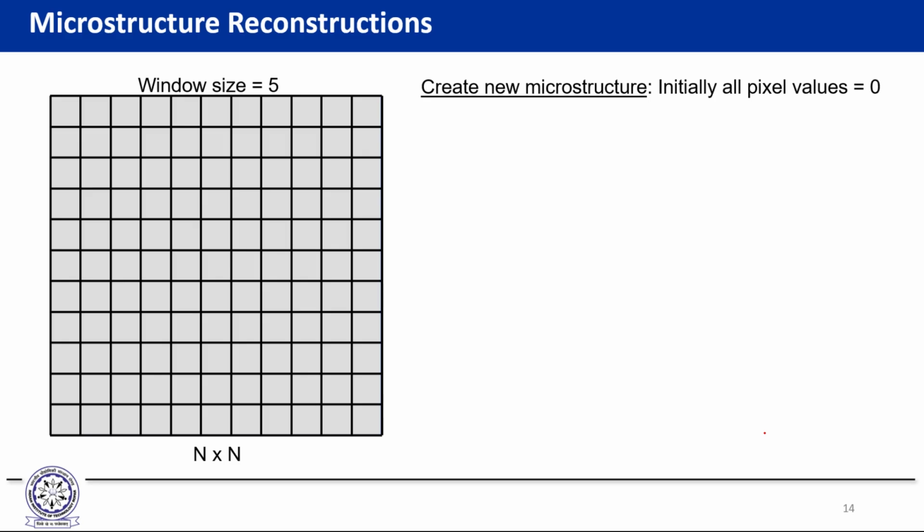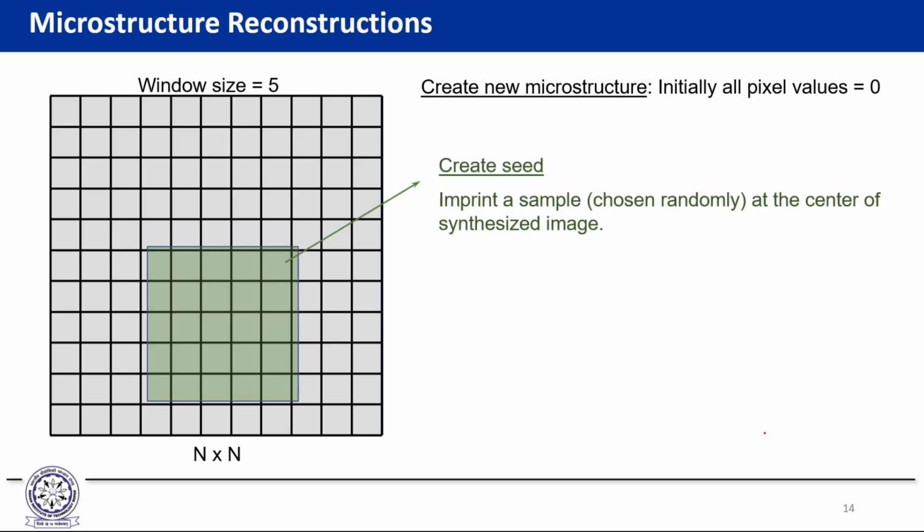So when we do a microstructure reconstruction, we start with an empty matrix or a null matrix. You can say that all the pixel intensities are 0, and when we reconstruct the microstructure, we will have to go ahead and assign the proper intensity values to every pixel. So the way we do it is we will go ahead and create what we call a seed. So this is a random seed.